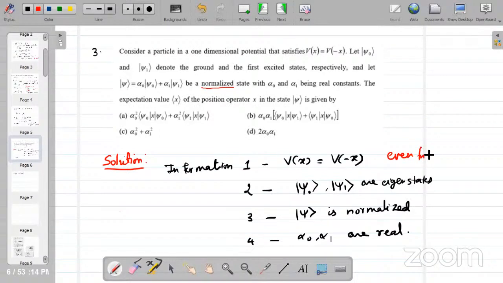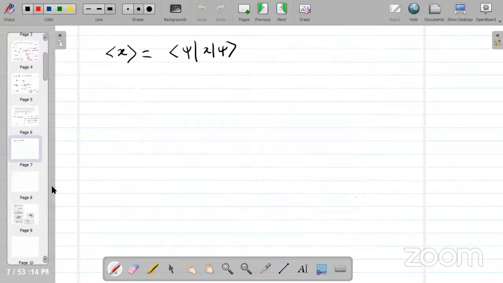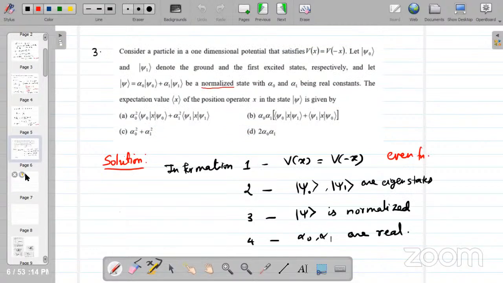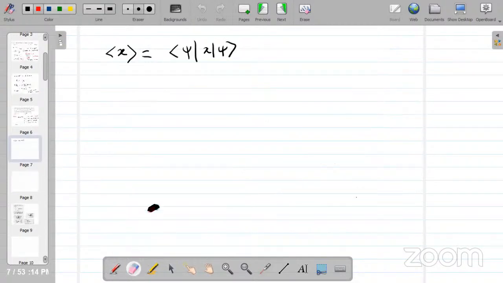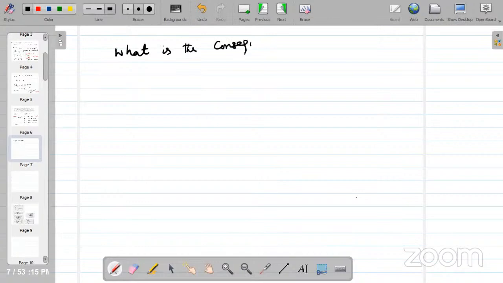Whenever the potential energy is an even function, what is the effect of this property on the eigenstates or stationary states?